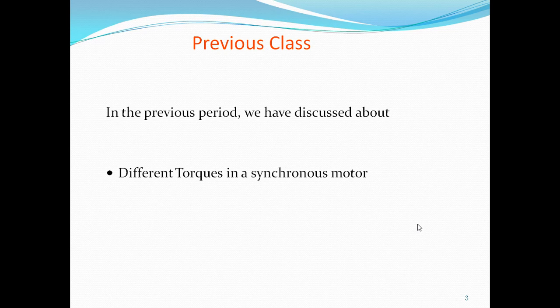When the synchronous motor is connected to the supply, it develops a starting torque which produces the rotating magnetic field and starts the rotor. The torque produced at the time of giving the connection to the synchronous motor is called starting torque.